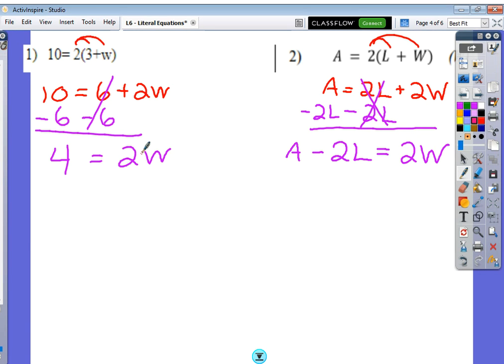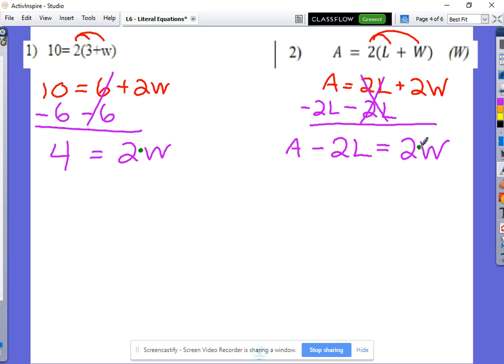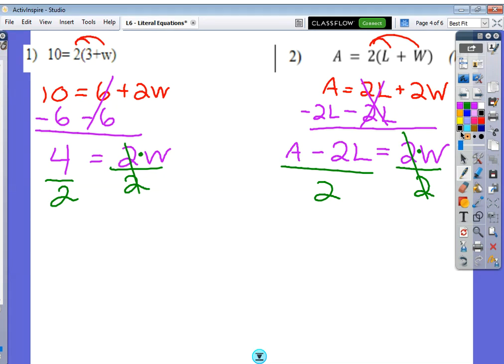Once again, to finish this out, if we're going to solve for W, the only way to undo multiplication in both of these questions is to divide. So we're going to divide by 2, divide by 2. So these cancel. Divide by 2 over here, divide by 2 over here. 4 divided by 2. That does give us an actual number as an answer.